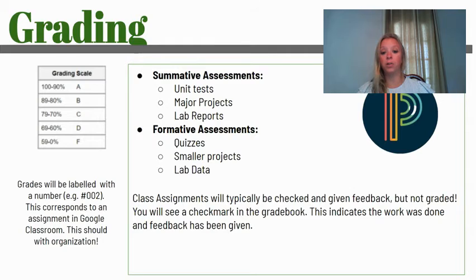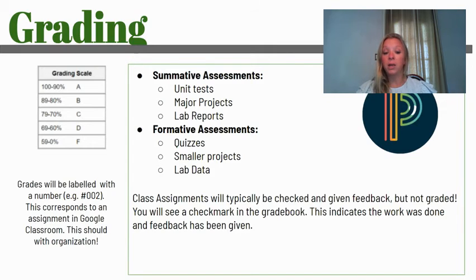You're also going to notice in PowerSchool that sometimes class assignments will be collected and recorded as such, and there might not be a grade for that. Your student would be turning something in and we're going to provide your student feedback, but it's not something that we want to grade at this point to attribute to the summative or the formative portion of their grade.